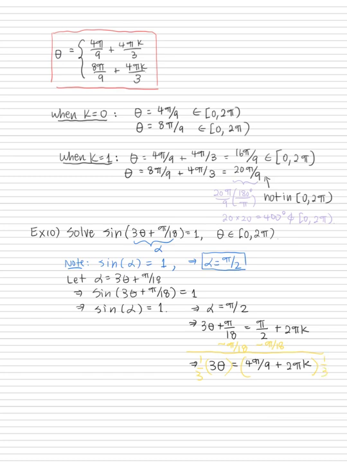Okay, so what do we get over here then? So it looks like our theta is going to be, oh, what an ugliness, 4 pi over 27 plus 2 pi k all over 3. Okay, let's box this.